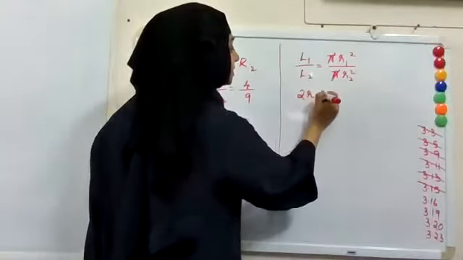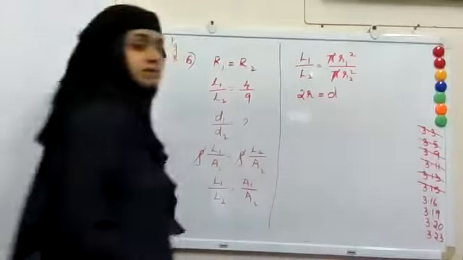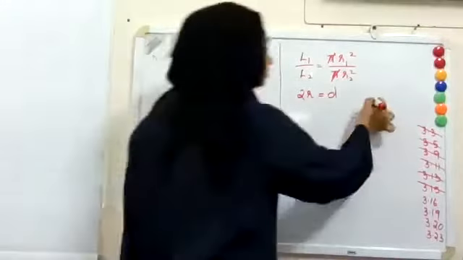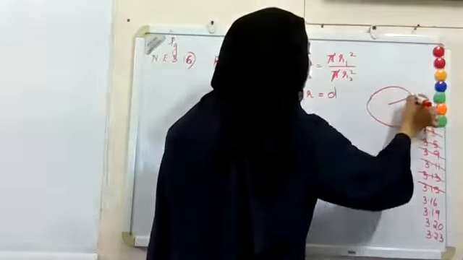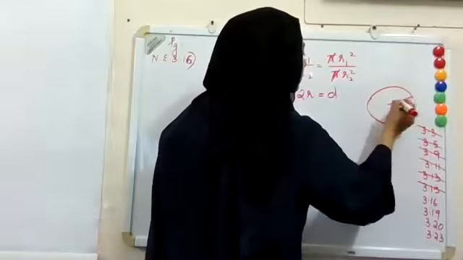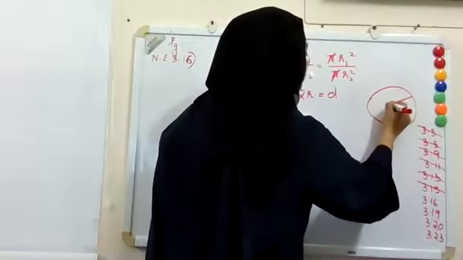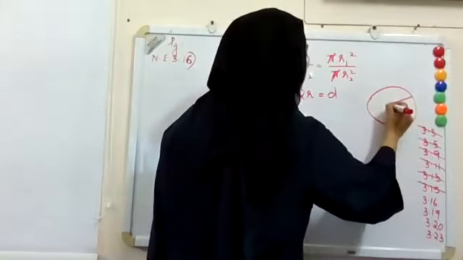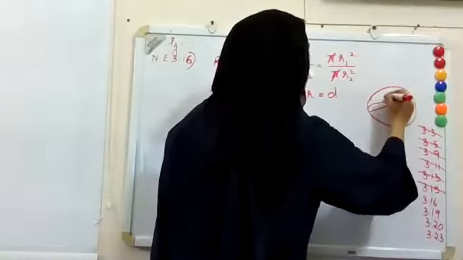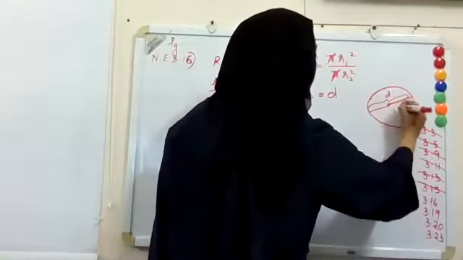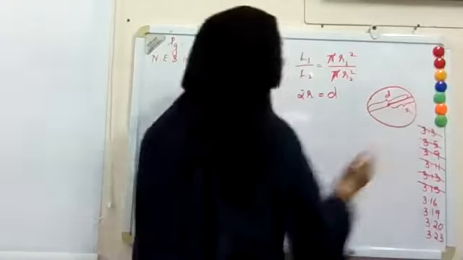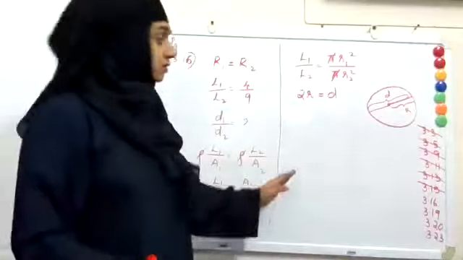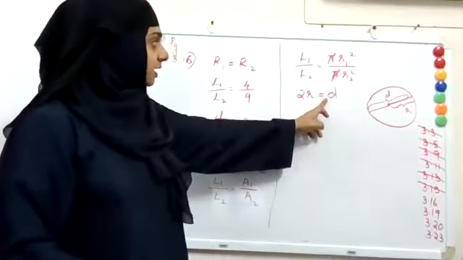Two times radius is equal to diameter. So you know this, right? If you take a circle, this is called the radius. And if you take from here to here, the whole distance, this is called diameter. If you are taking half of it, it is radius. So 2 times radius is diameter.